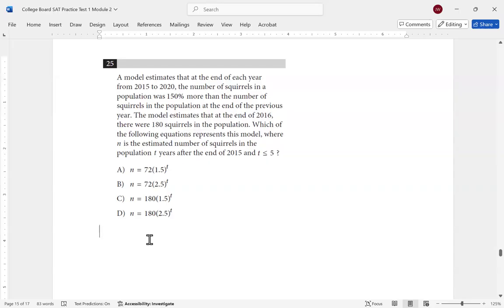So basically what this is saying is that 2015 means that T is equal to 0. We also want the population to be 150% more than the number of squirrels in the previous year.